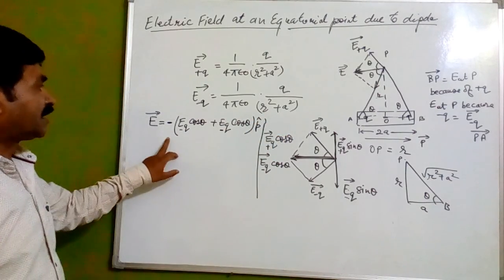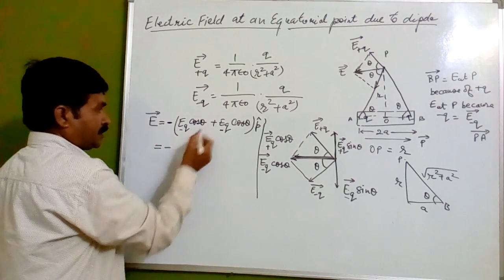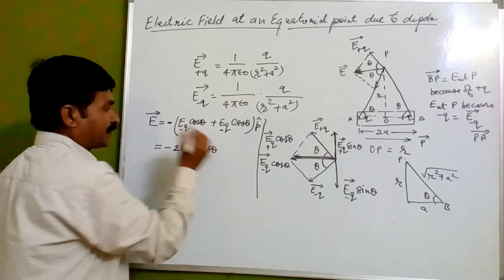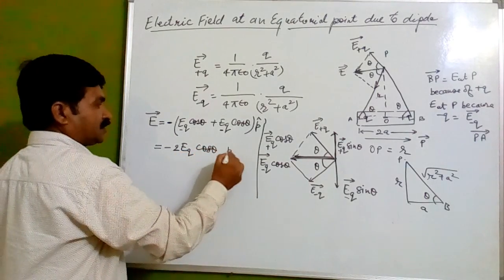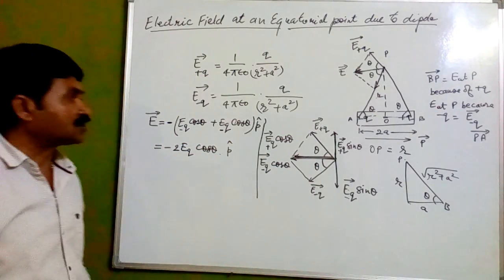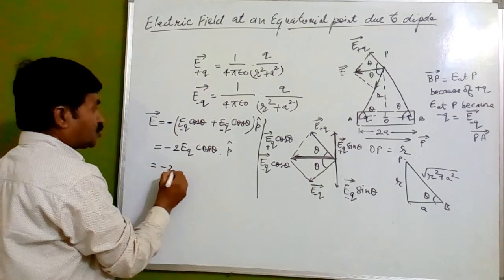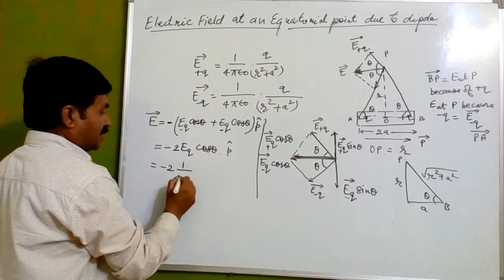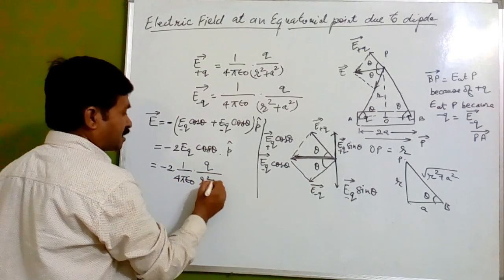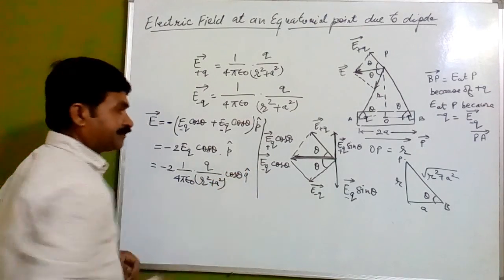Ultimately what we have got is minus 2 times E_Q cos theta with unit vector, the total electric field. Now we can substitute this value over here: minus 2 times 1 upon 4 pi epsilon naught, q upon (r square plus a square), cos theta, into p unit vector.